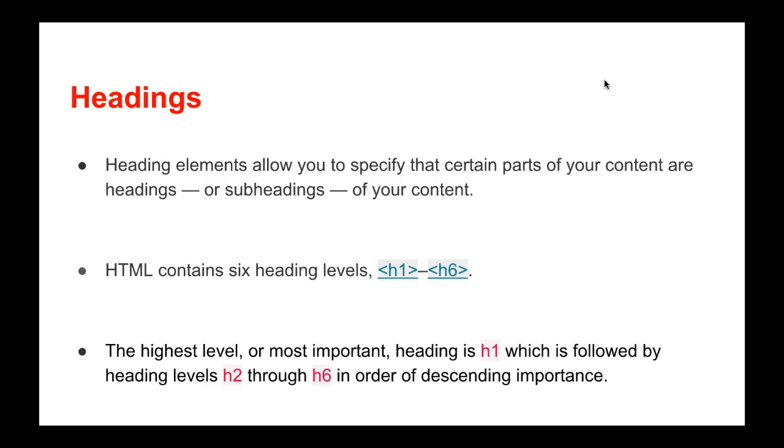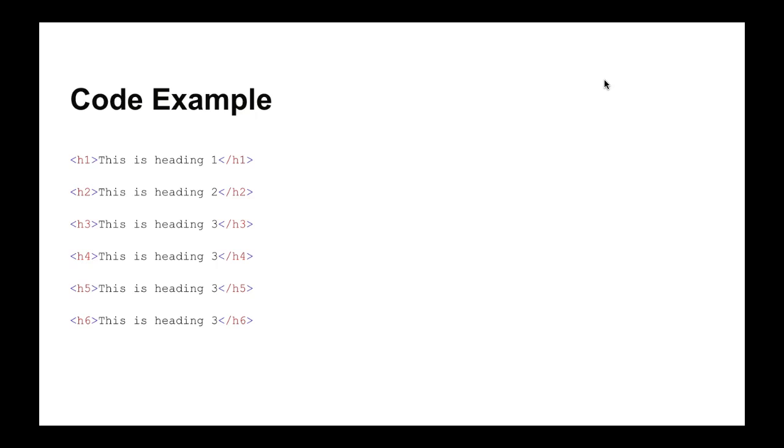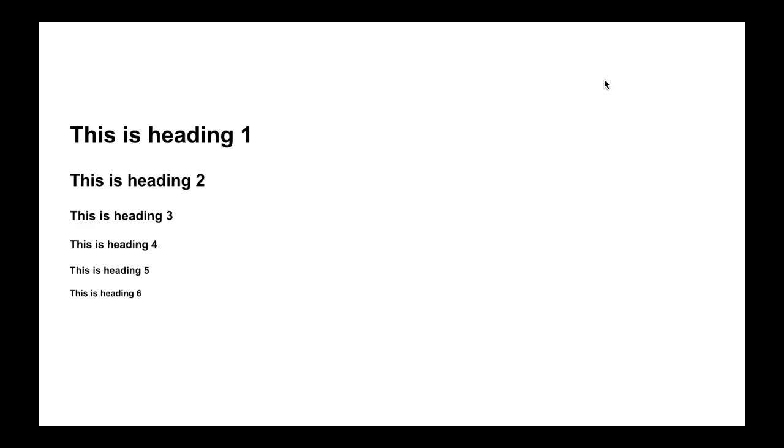The highest level, or most important heading, is H1, which is followed by heading levels H2 through H6 in order of descending importance. Code example of the headings, and this is how it looks like.